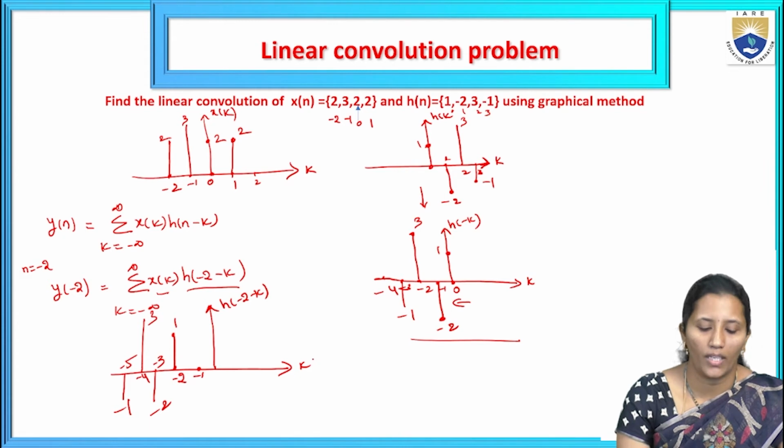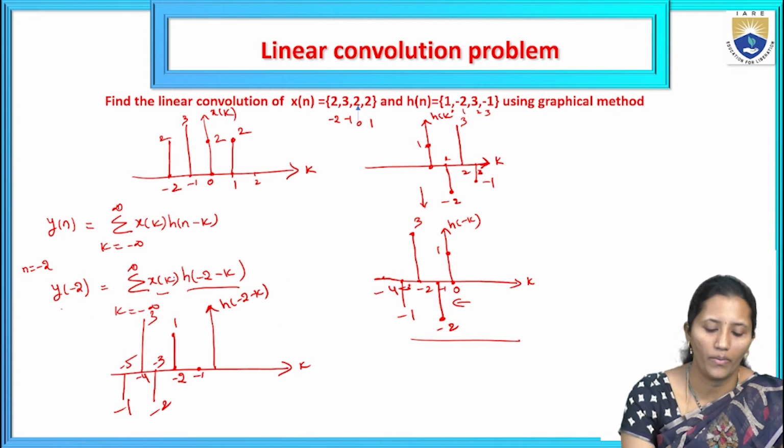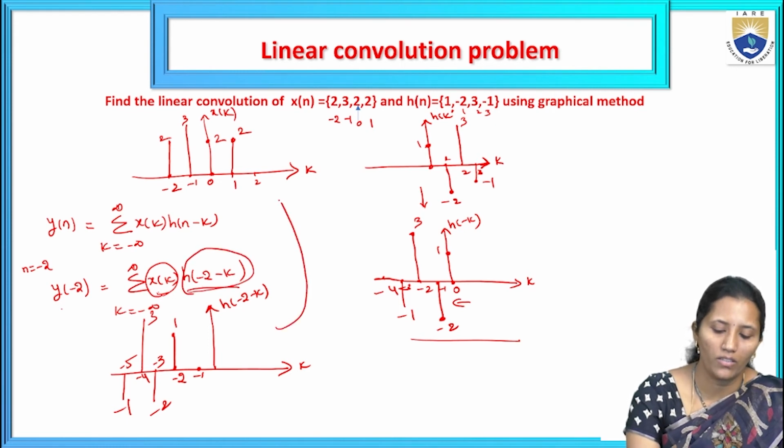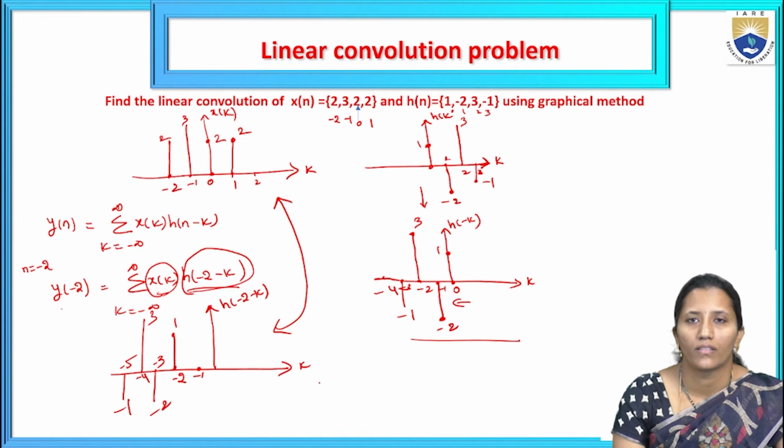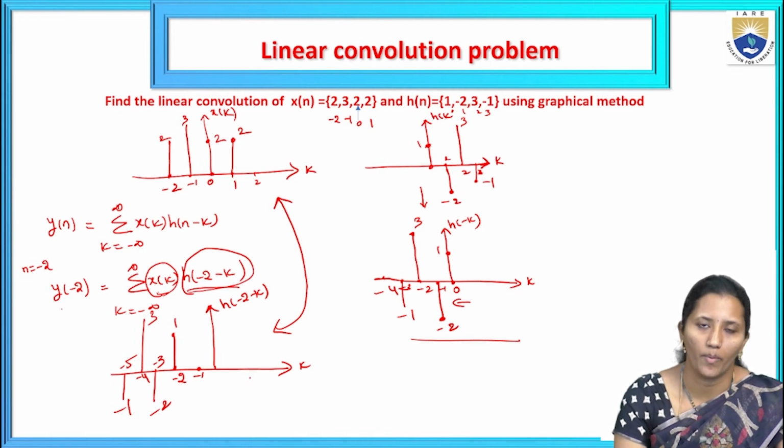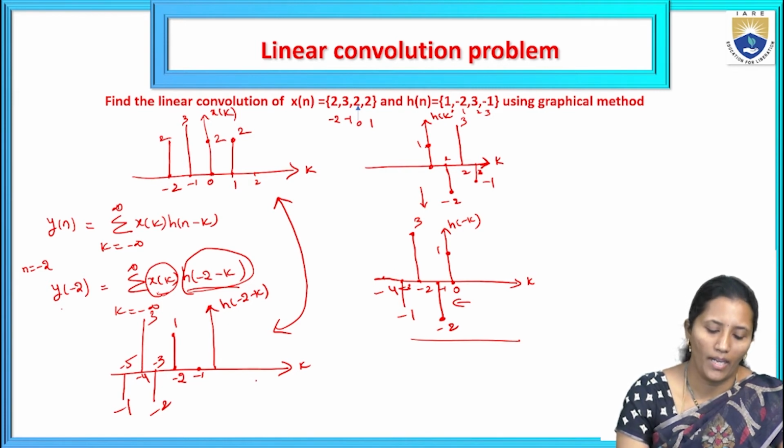So to get the y of minus 2 sample, we have to multiply x of k with h of minus 2 minus k. These two graphical representations of x of k and h of minus 2 minus k will be multiplied. The corresponding amplitudes of the indexes will be multiplied and then added.